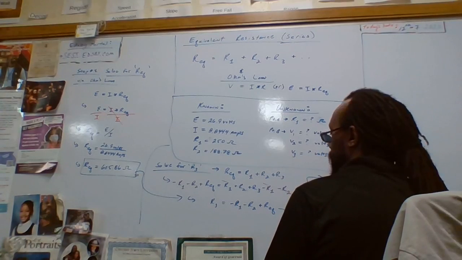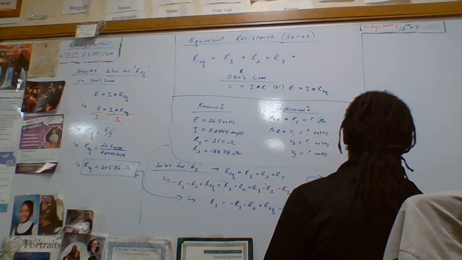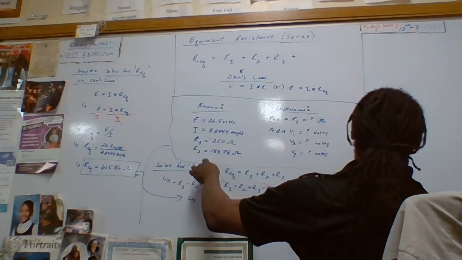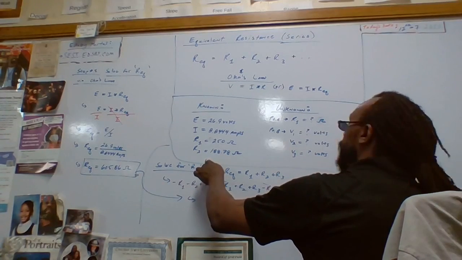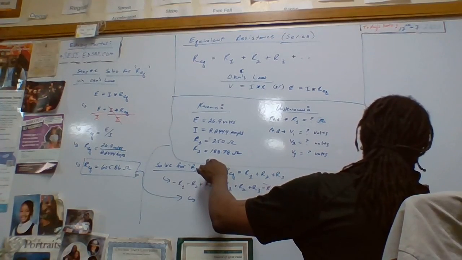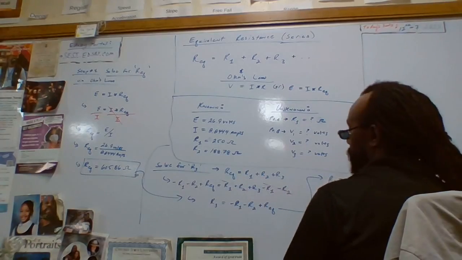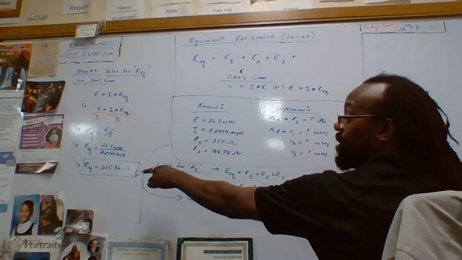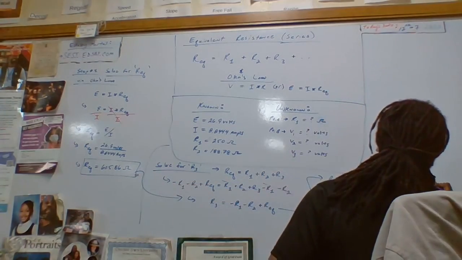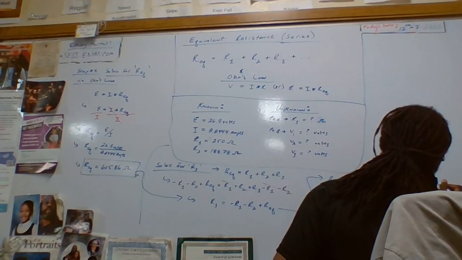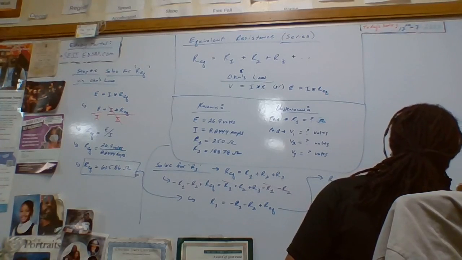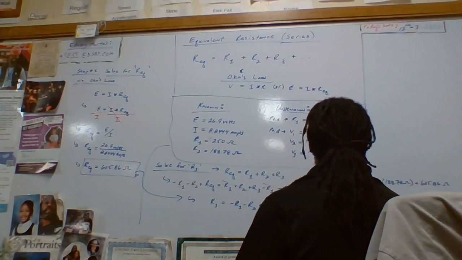What else? Minus R2, which was 188.78 omega, plus REQ, which we figured out was 605.86 omega. Okay? So now we're going to calculate this.